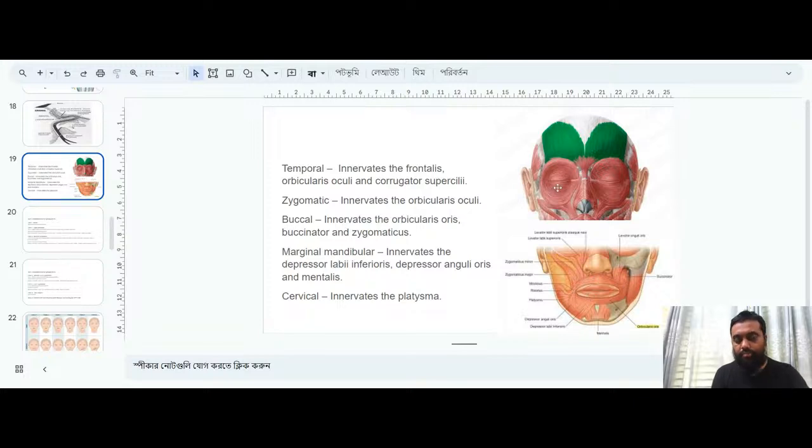So the branches of the facial nerve that come here are 2 branches. One is the temporal branch, and another is the zygomatic branch. These 2 branches supply the muscles around the eye. And when there is palsy of these branches, it may cause a problem in eye closing.